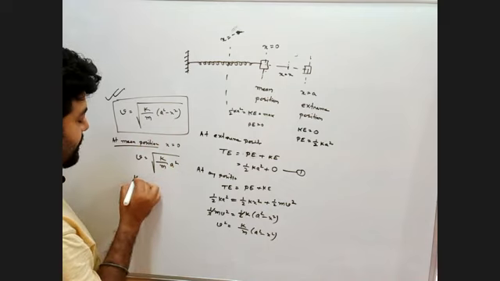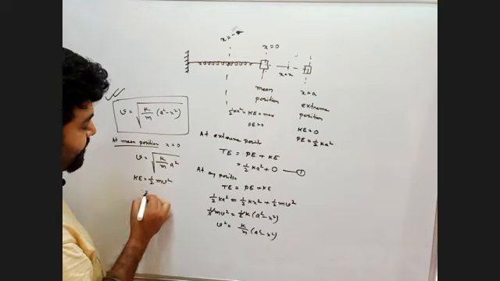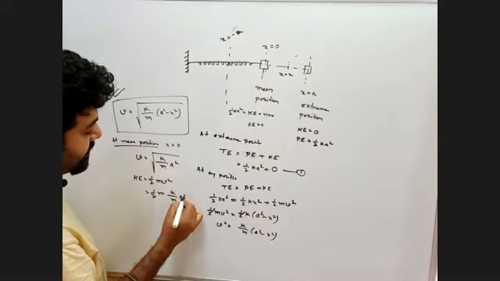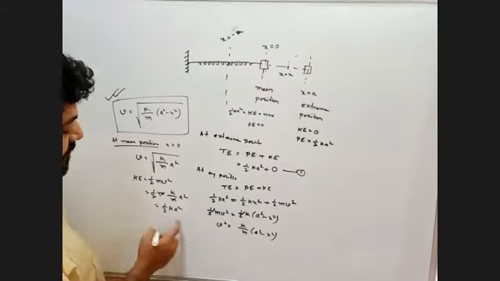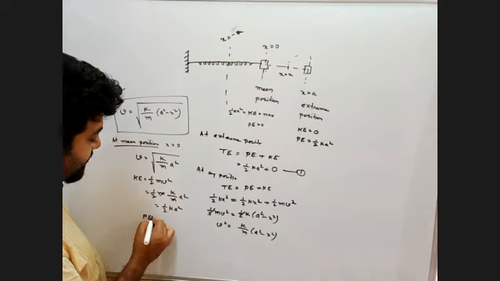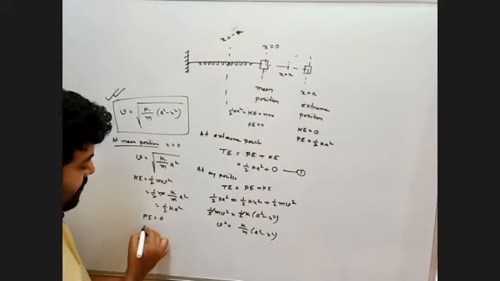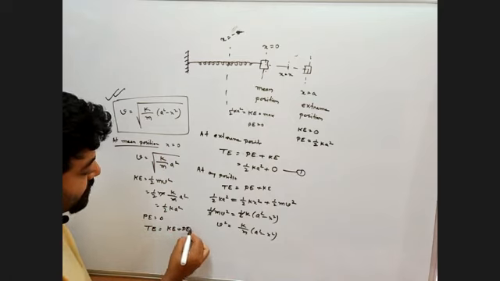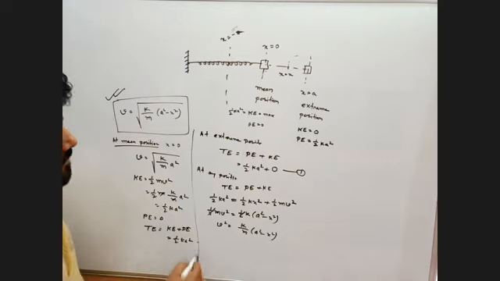So kinetic energy is half m v square, that is half m into k by m into a square, that is half k a square, and the potential energy is 0 because no extension is there. So total energy is kinetic energy plus potential energy, half k a square. Is it okay? Yes, sir.